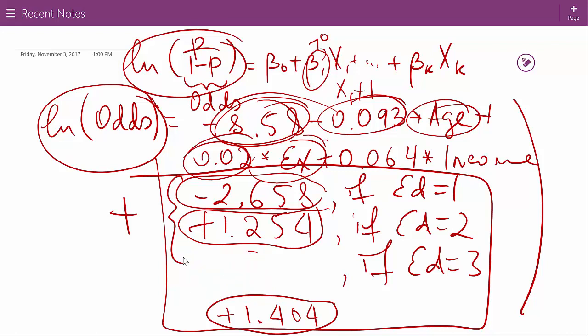There you go. So if I would ask you, 3 people come in today. They have the same age, same experience, same income, family, credit card balance, identical. But one of them has education equal to 1, undergraduate degree only. Another has education equal to 2, master's degree. Another has a doctorate.